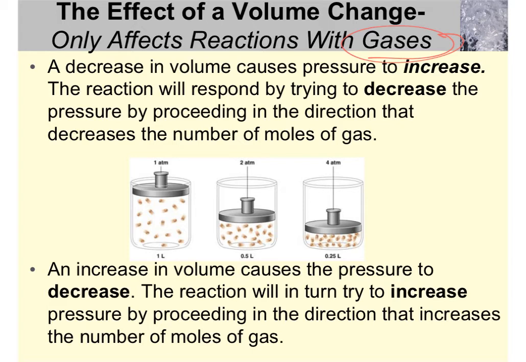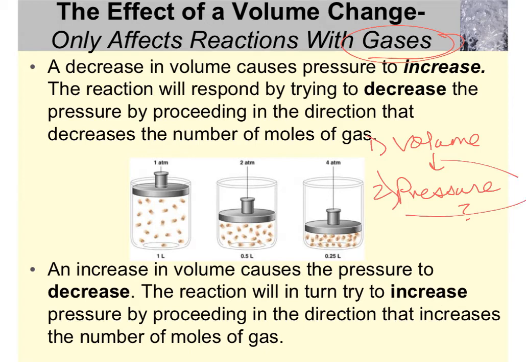And if you have a volume change, it's going to require 2 steps. You're first going to have to ask yourself, what is the pressure change that is going to result in the volume change? Then think of pressure as concentration. It's kind of a 2-step: you have to convert the effect to pressure and then make your decision.